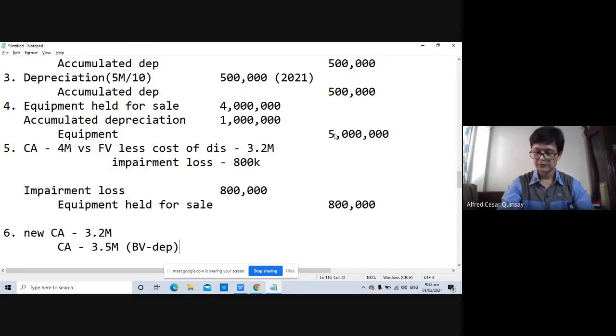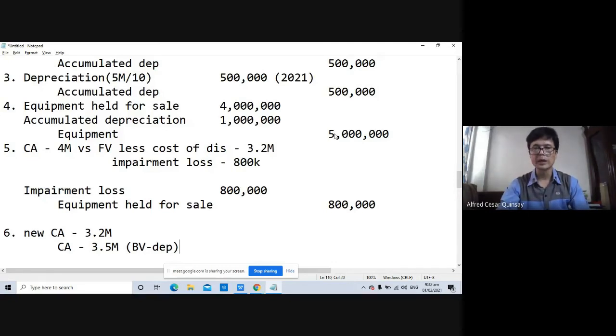Okay. Bakit 500,000 pa rin? Baka base pa rin siya doon sa 5 million. Kasi ito naman yung original na depreciation. Ito yung original cost. So 5 million divided by 10 years, no? Okay, that's why it's 500,000.